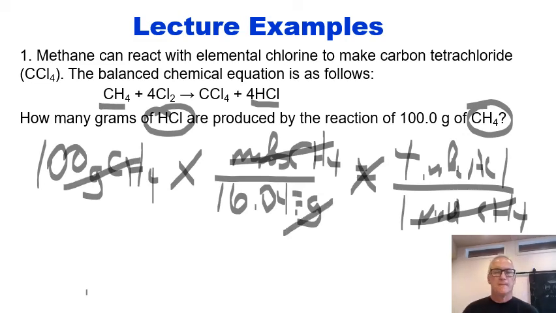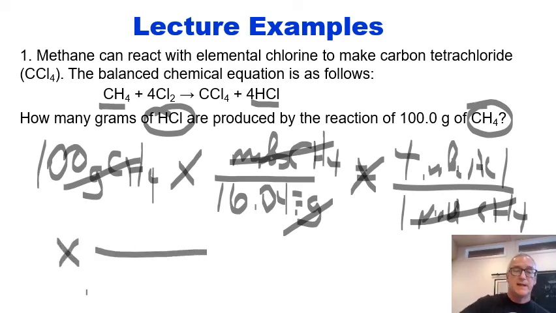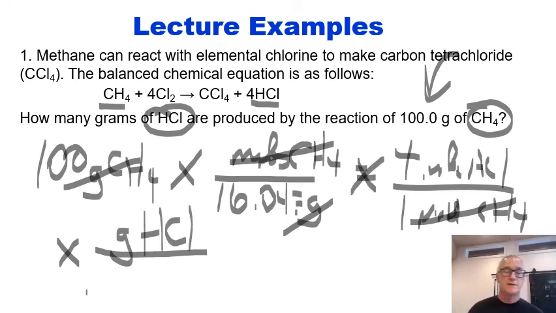Okay? Now I do my final conversion. The answer I'm looking for is grams of HCl, which is what I'm being asked for. So I put grams of HCl on the top. On the bottom, I put moles of HCl.